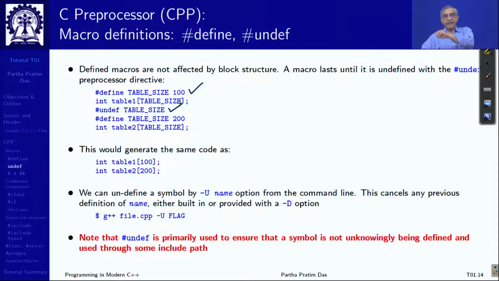If you want to change that into a different value or a different expression, you can undefine and define it again. So, this is a typical example, like minus D defines a symbol, minus U will undefine a symbol if you do it from the compiler command line.